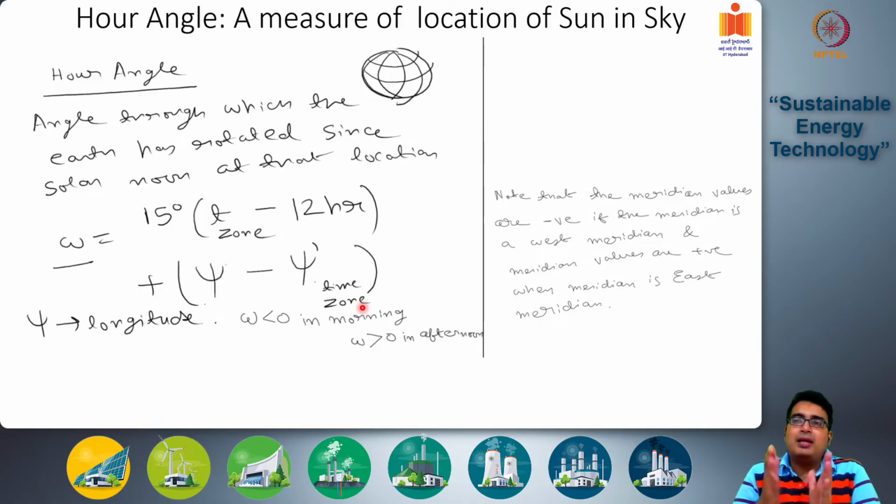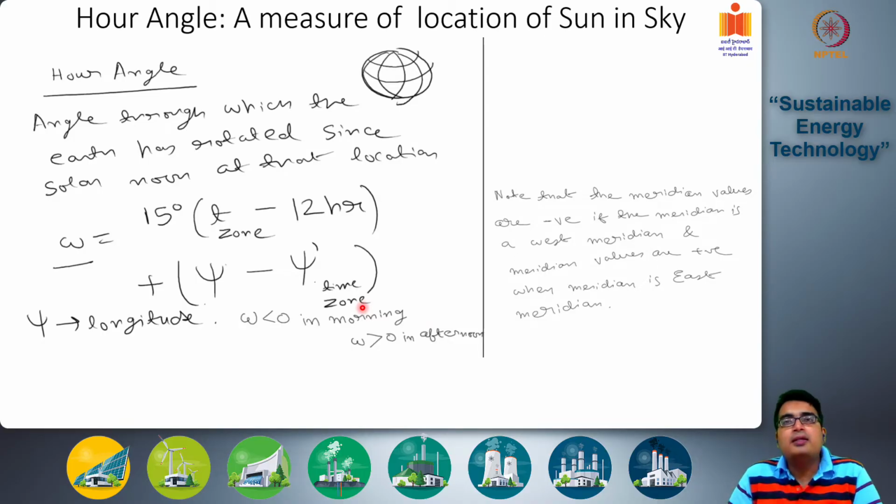Suppose every country has a standard time given by a standard longitude. So all over India, despite the fact that the longitude values are different, you have the same time because we have standardized the time at a given time zone, at a given longitude.